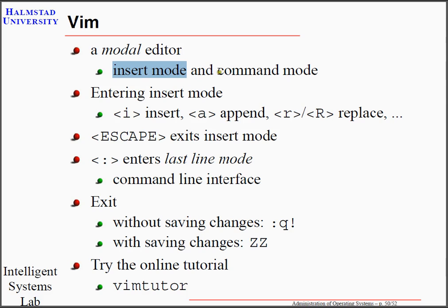It has insert mode, in which you are actually typing text, and command mode, in which each character is a different command. You start in command mode, and if you want to enter insert mode, there are a couple of ways of doing it. You can press I, you can press A, you can press R, and each of those will put you in insert mode in a slightly different way. And you can use the Escape key to exit insert mode and go back to command mode.